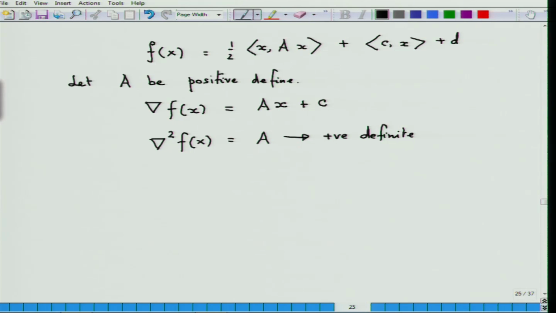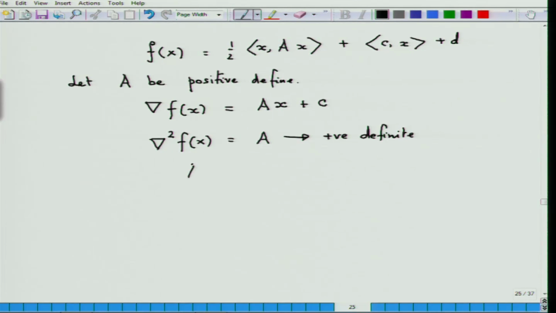So, any critical point of this problem, any point x which satisfies this equal to 0, will be a solution of strict local minimum of this problem. At least this information we would have.